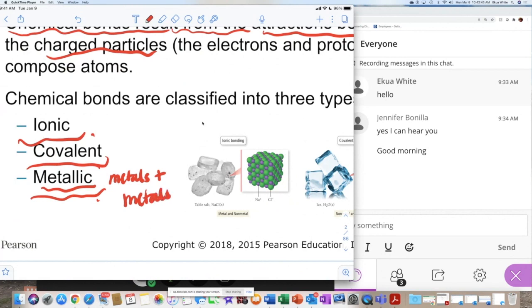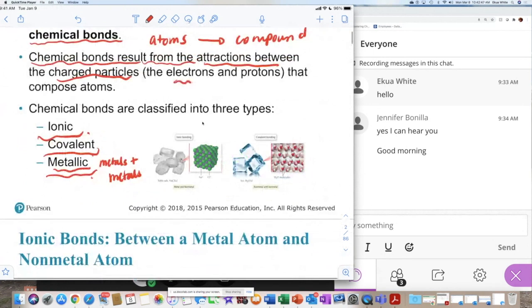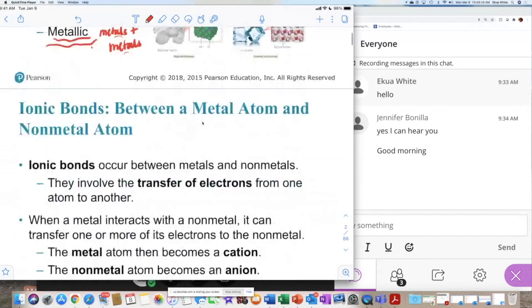We will see this bond being held together by electrons attracting protons. Opposites attract. With ionic bonds, you see metals plus nonmetals. With covalent bonds, you see nonmetals plus nonmetals. But once again, regardless of the kind of bond we're looking at, fundamentally, all bonds at some level have opposite ions attracting each other. Okay?